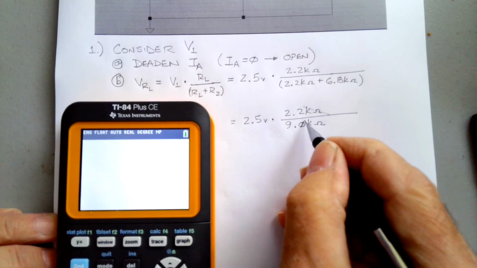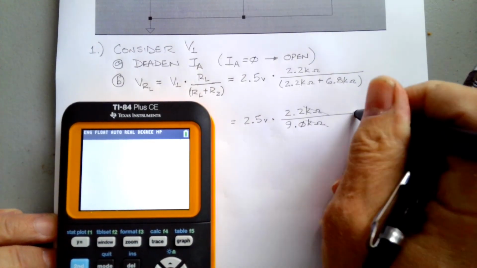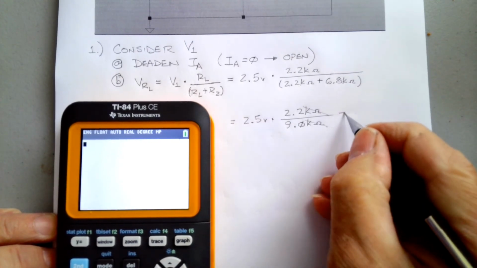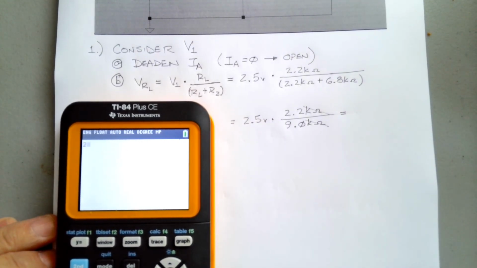And we can just forget about the k ohms actually here. And let's see what that's equal to. So I have 2.5 times 2.2 divided by 9.